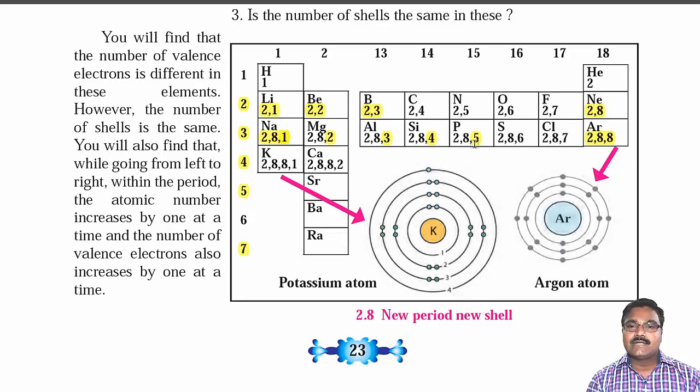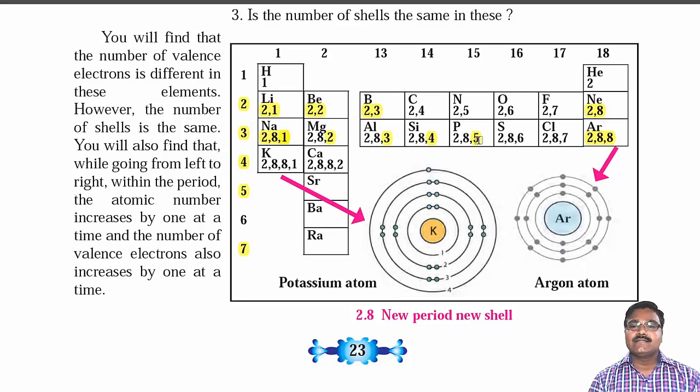Now let us take an example of phosphorus. Phosphorus has 5 electrons in its outermost orbit. That means to attain a stable electronic configuration, that means 8 electrons in the outermost orbit, it has to donate 5 electrons or it can receive 3 electrons from another atom.